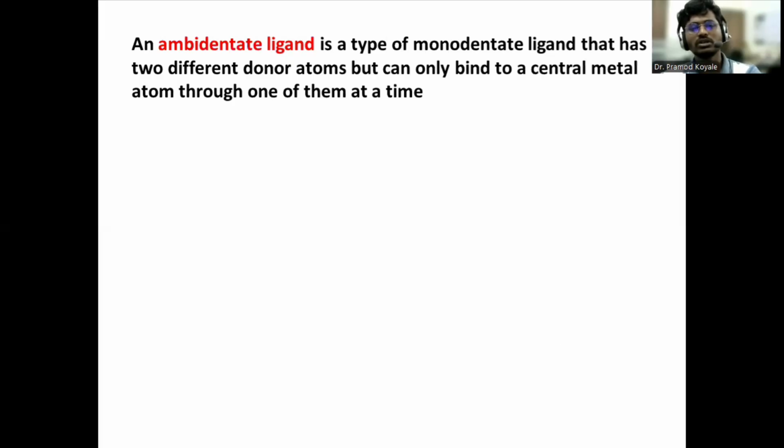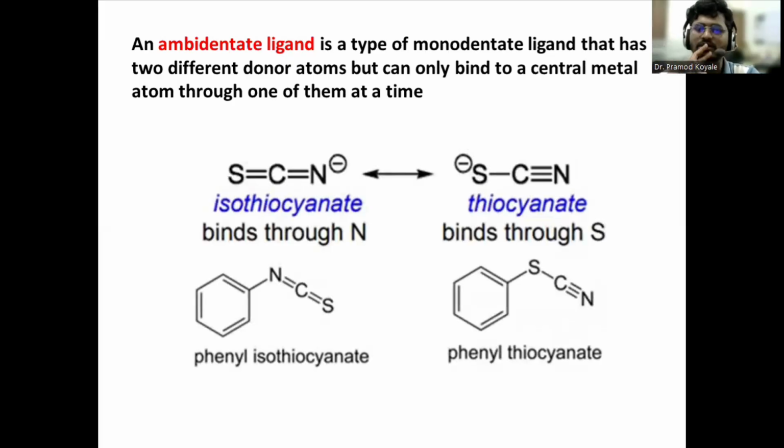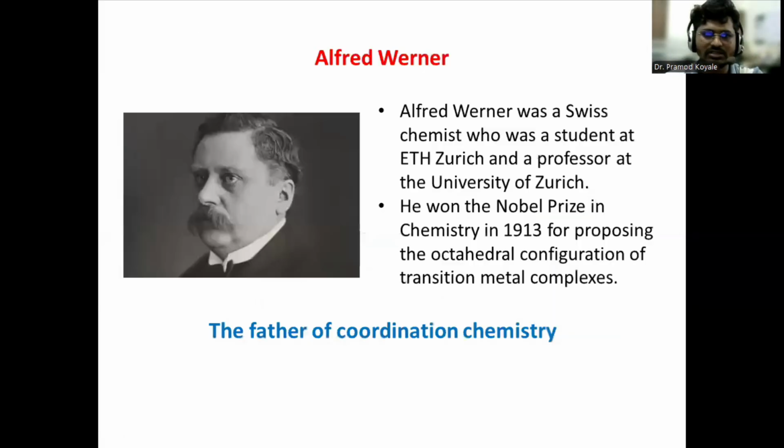Even though it has two donating sites, only one bond is possible at a time. The best example: if the metal center binds through nitrogen, then it is isothiocyanate. Regarding thiocyanate, the metal center binds through sulfur. So the same ligand has two donating sites, sulfur and nitrogen, and the name is based on which side it is binding with the central metal center.